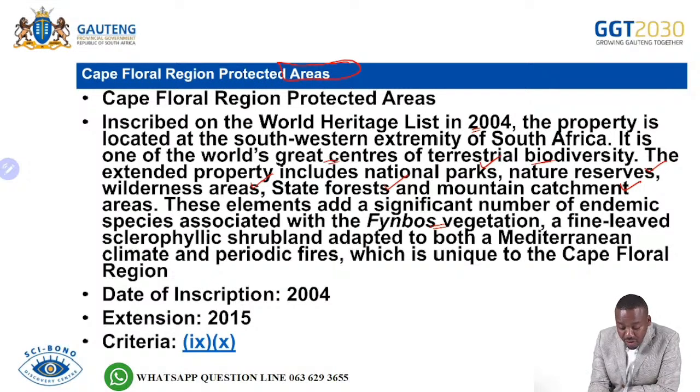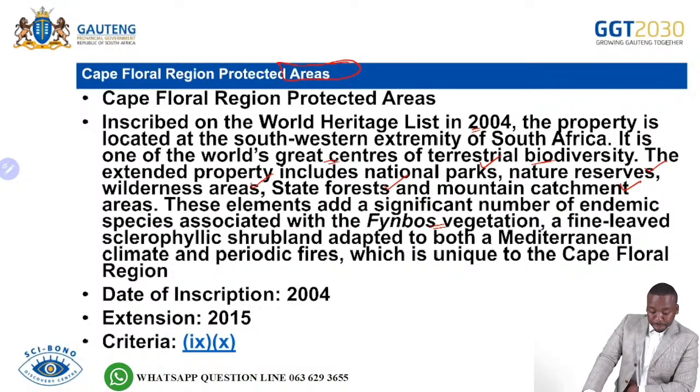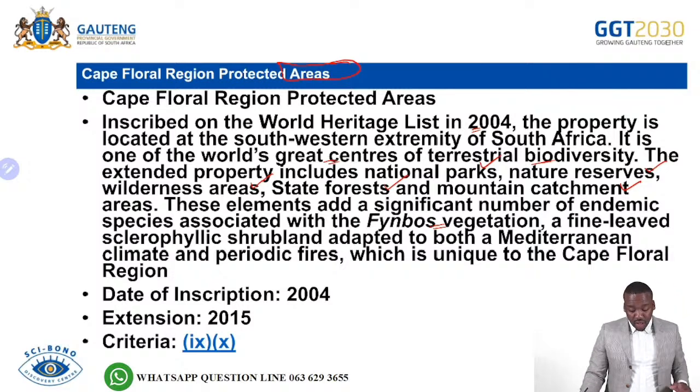It does not only have the plants, but also some of the fauna, maybe the frogs and so on, that are only found in this particular area. Then we are saying this site was declared a World Heritage Site in 2004 and also extended again in 2015. It meets UNESCO's criteria number 9 and 10.